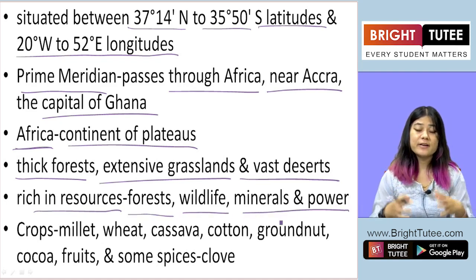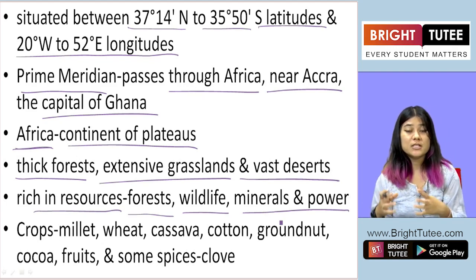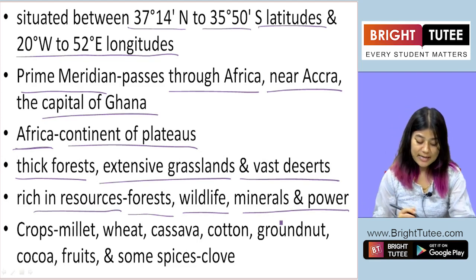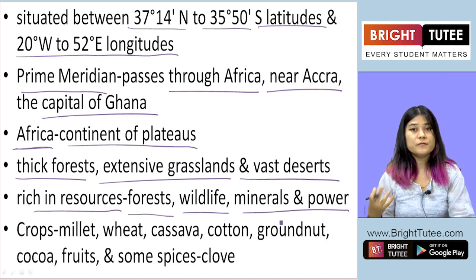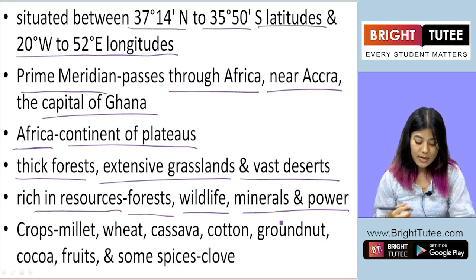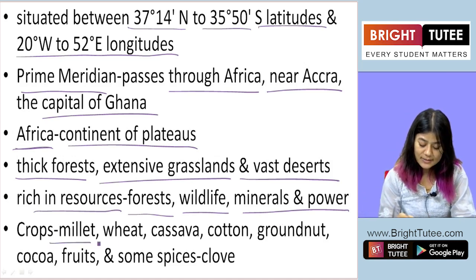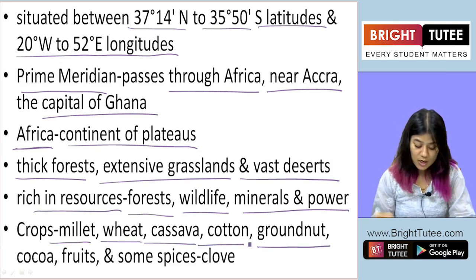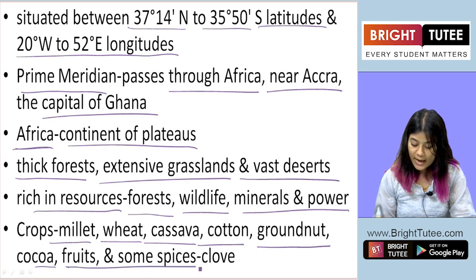So it has rich natural mineral deposits as well. The continent of Africa also grows a lot of varieties of crops. Some of them are millet, wheat, cassava, cotton, groundnut, cocoa, fruits and some spices such as clove.